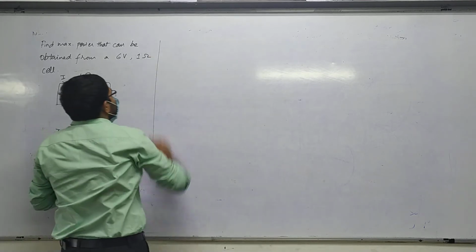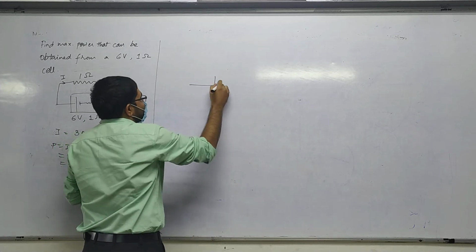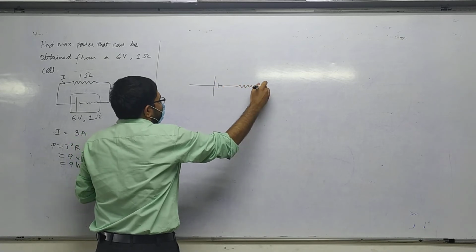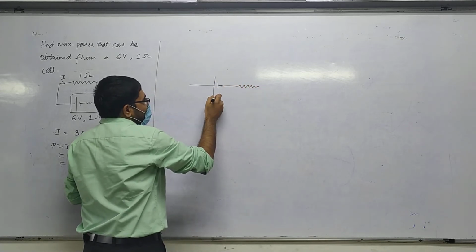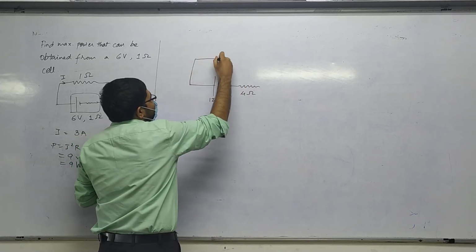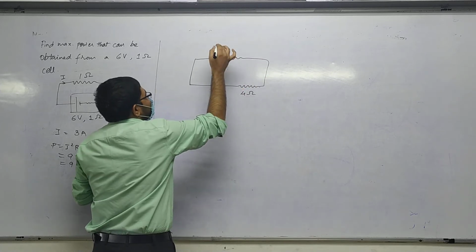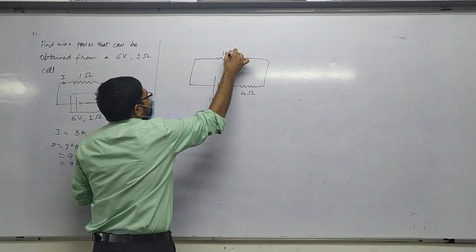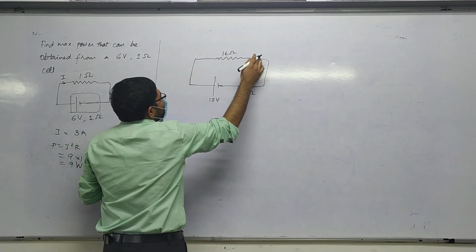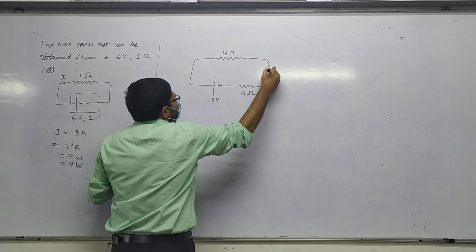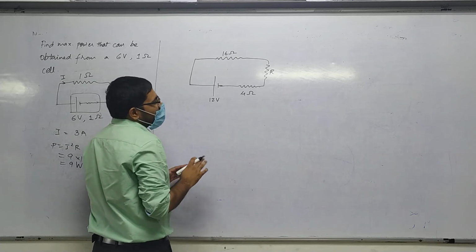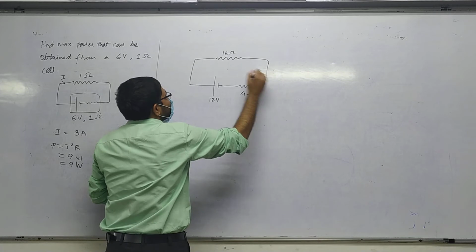Let's go a bit further in this topic. Suppose this is, let's say, 12 volt and this is 4 ohm and this is 16 ohm. Okay. And let's say this is up.